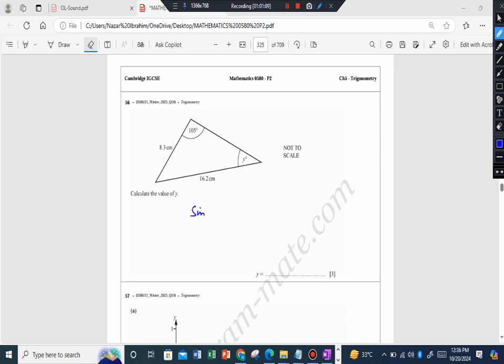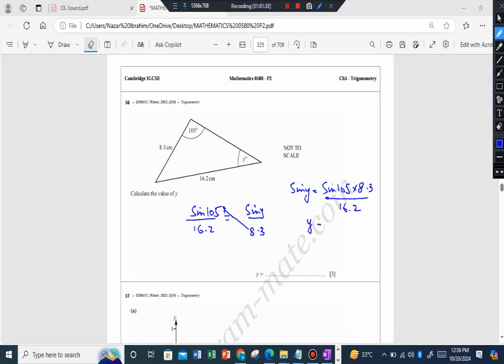So sine 105 upon 16.2 is equal to sine y upon 8.3. So sine y is equal to sine 105 multiplied by 8.3 upon 16.2.